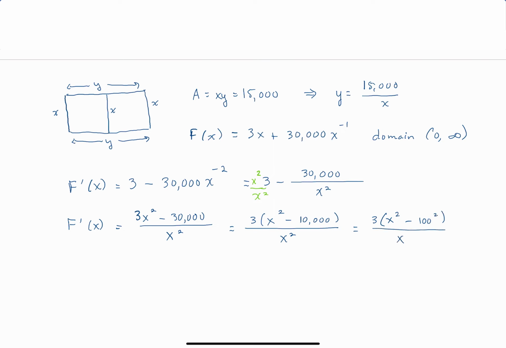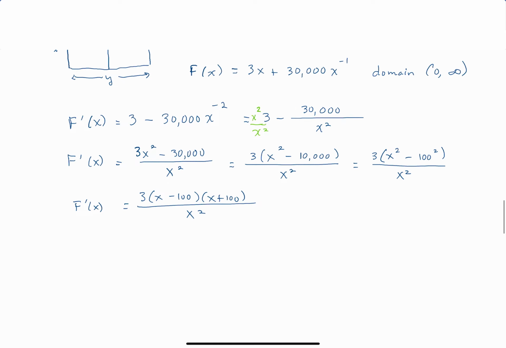So I can factor that, and I get on top 3 times x minus 100 times x plus 100 over x squared.